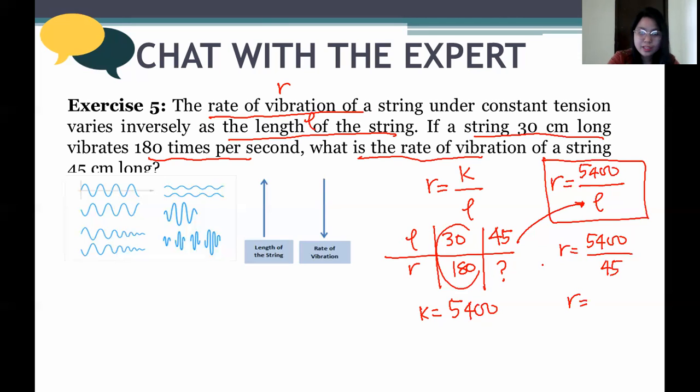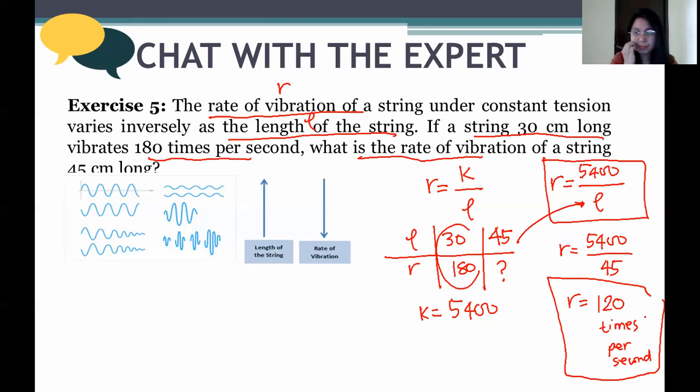You can use your calculators. The answer will be 120 times per second. Please do not forget to write the unit of measure. So, if the string is 45 cm long, it will vibrate 120 times per second.